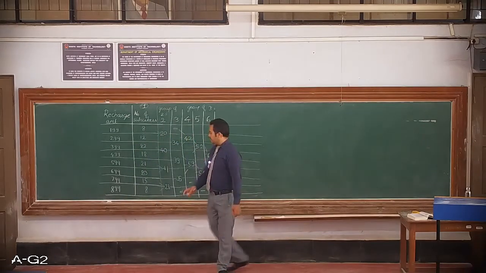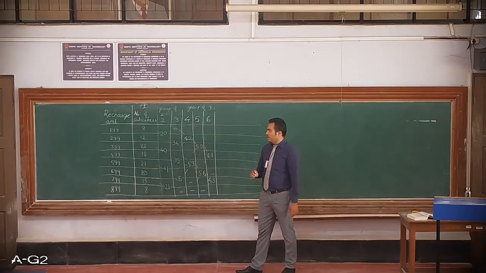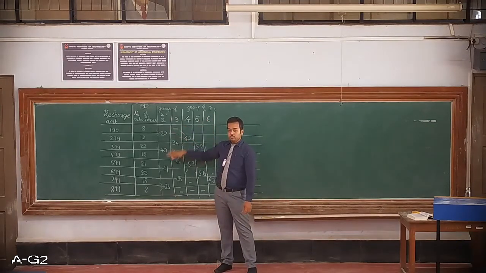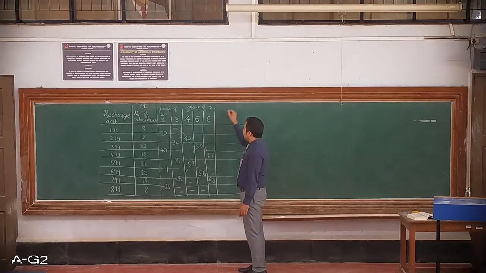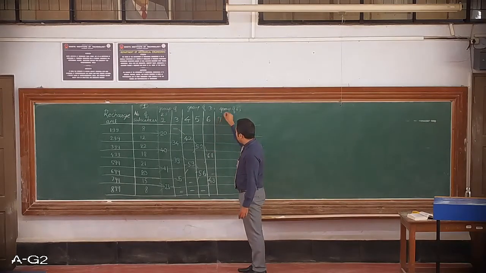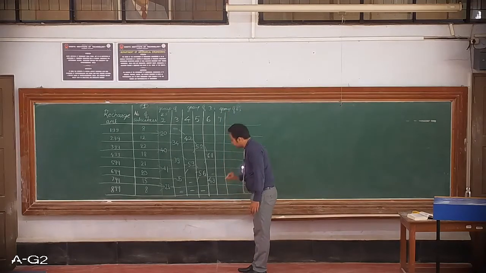Okay, so hope you have understood the grouping of 3s as well. So grouping of 3, we can have 3 columns. Grouping of 2s, we can have 2 columns. Then I have to go for the next, that is groups of 4s. So 4 values together. So I'll have here column 7.